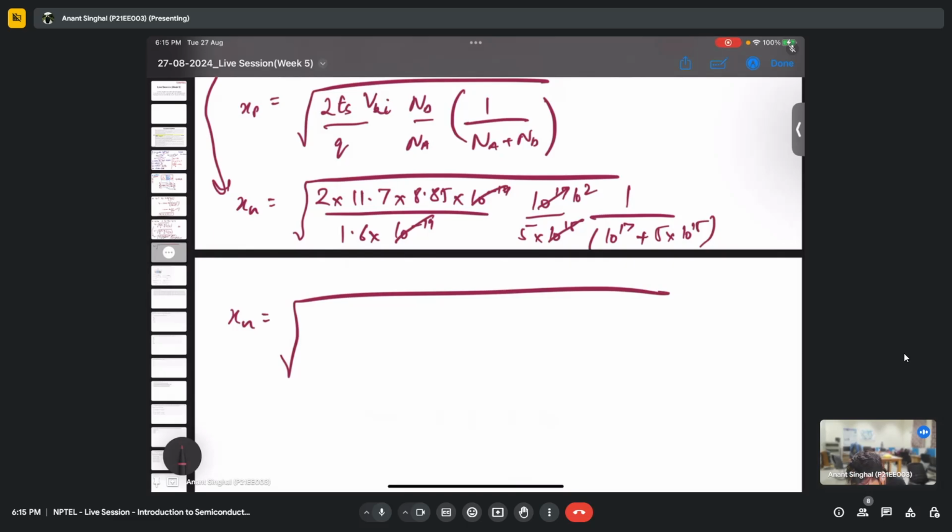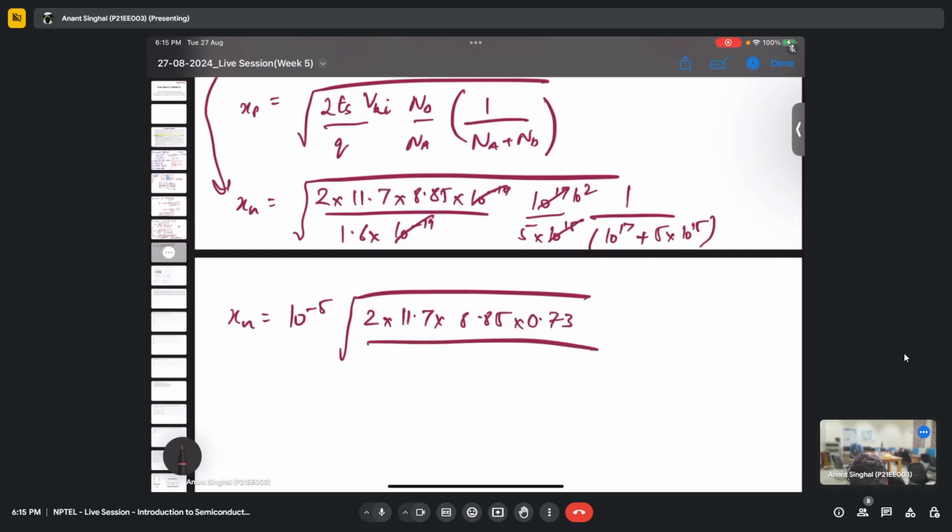Taking 10 raised to minus 5, maybe common, will take 11.7. VBI is 0.73, and 1.6 into 10 raised to minus 19 will come out from this, and multiply by 5. So this will come out in centimeters.